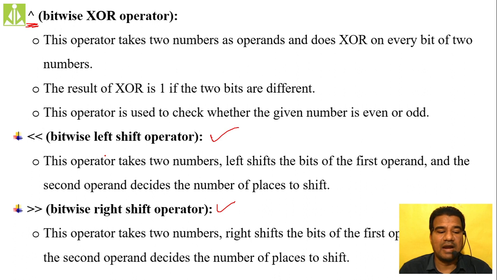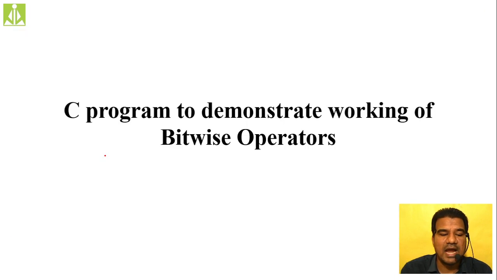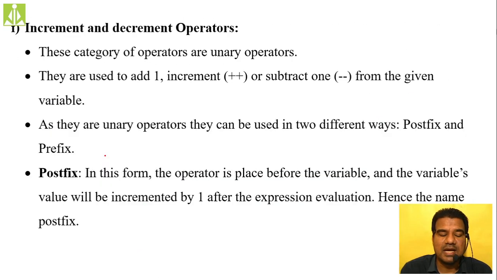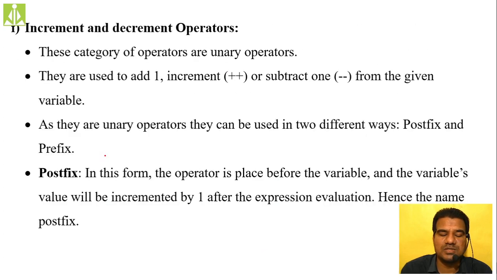And because the bitwise left shift and bitwise right shift, as well as bitwise not, are closely related to negative numbers, along with the negative numbers we'll also see these three operators, and quickly we complete assignment operators, simple assignment, compound assignment, all those things in our next class. Hopefully.